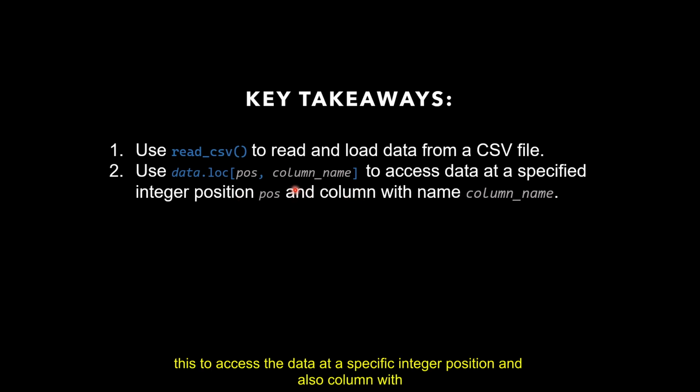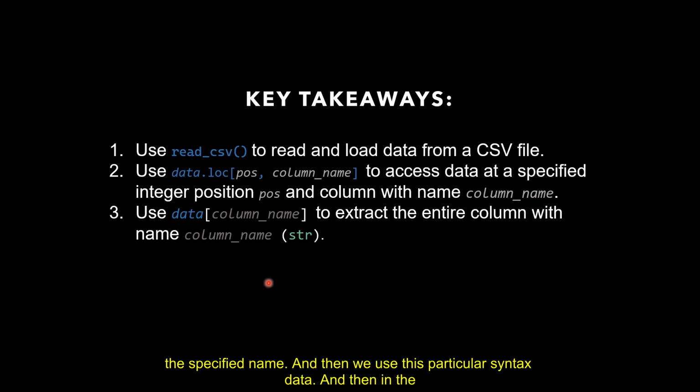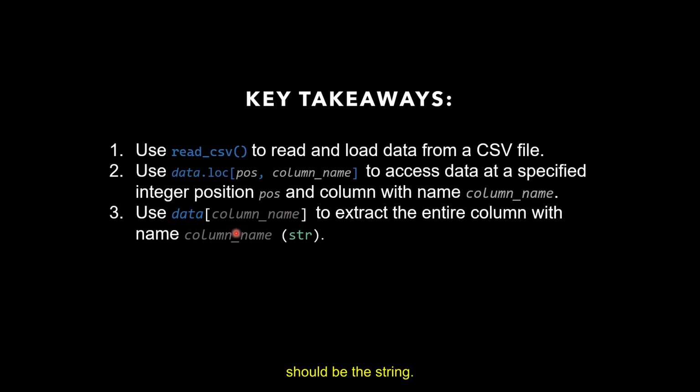You do this to access the data at a specific integer position and a column with the specified name. And then we use this particular syntax: data, and then in the square brackets, we specify the column name to extract the entire column with the name column_name. I would like to stress that the column name should be a string.